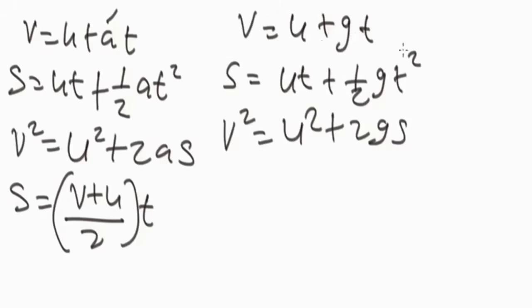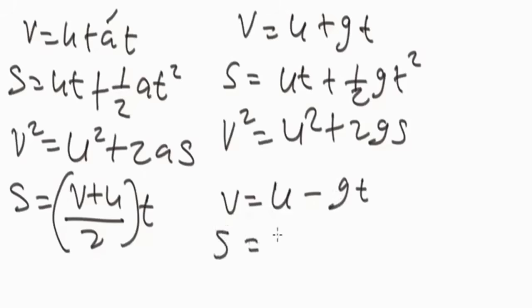Alright. Now this set of equations is for when the motion is responding to gravity, for instance when a body is falling down or when an object is thrown down. But when an object is thrown up, or something is moving up, it is going against gravity, so the equation of motion will be v equals u minus gt, because the minus signifies that it is going against gravity.